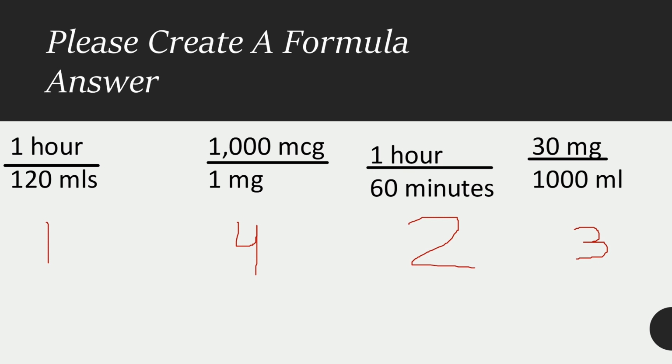Or, you know what? You could have said, hey, look, this is how many milligrams I'm getting per hour. I'm going to change that into micrograms, and then into micrograms per minute. So, many different ways to skin a cat, but I think you're getting the idea.